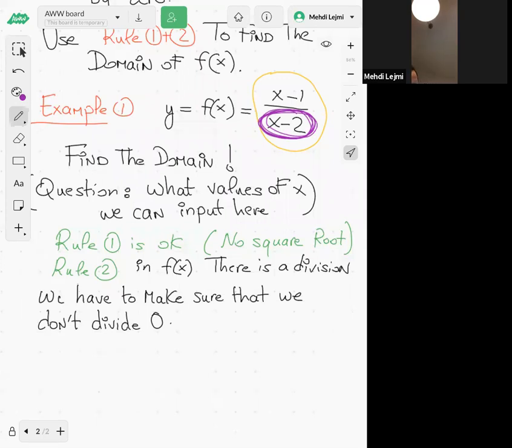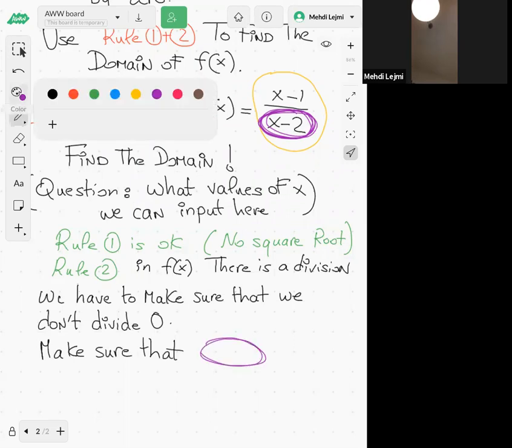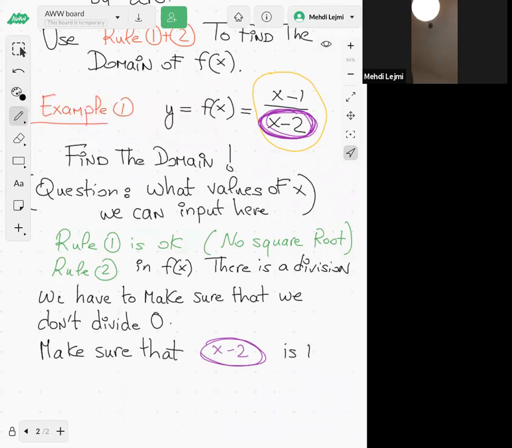Right? So we have to make sure that x minus 2 is not 0. Not just x, but it's x minus 2 because we are dividing by the whole denominator, not just x. We are dividing by x minus 2. So it's not 0. Right? Now, the question is, for which input x is x minus 2 going to be 0, right?